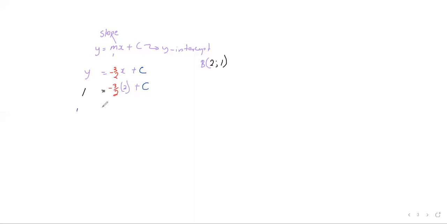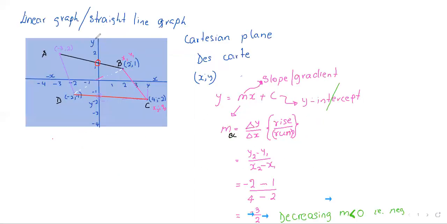Therefore, 1 will equal 2 will cancel the 2 there, minus a 3, plus c. Therefore, c will equal 1 plus 3. What is 4? So the line BC will pass, if 3 is here, will pass that 4 up there.